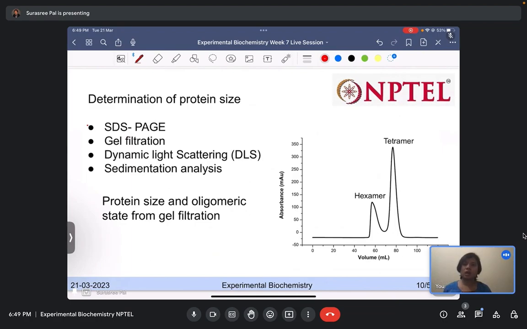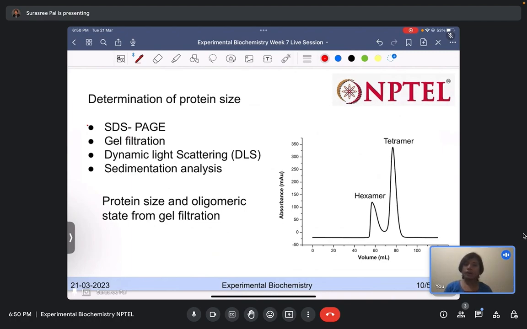This protein marker contains known proteins of known molecular weights, and by analyzing the position of the band of our protein of interest, we can determine its molecular weight.